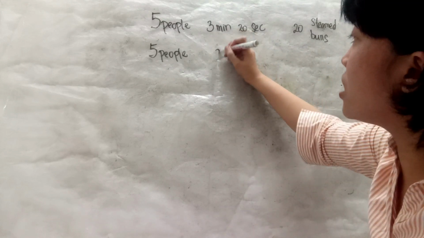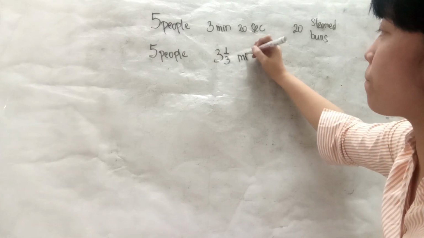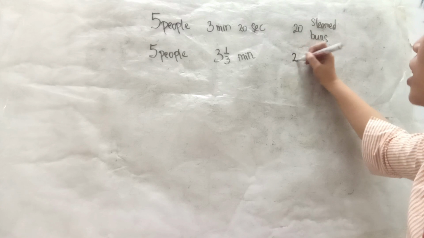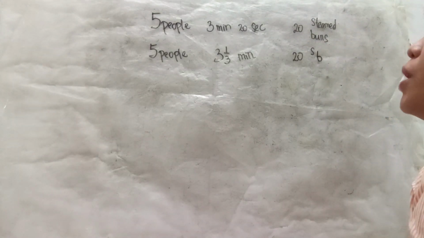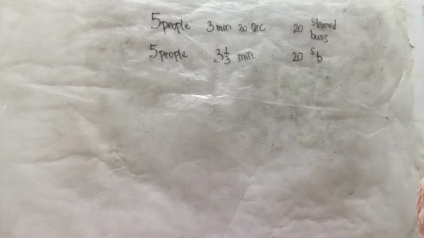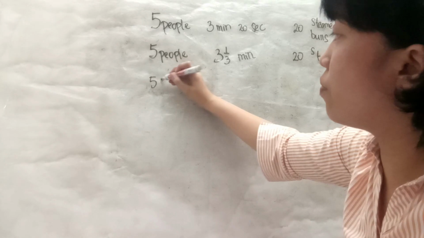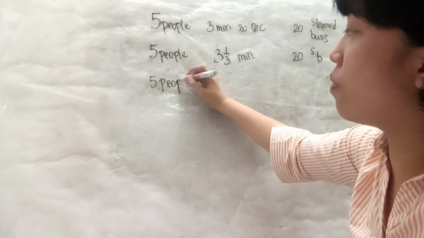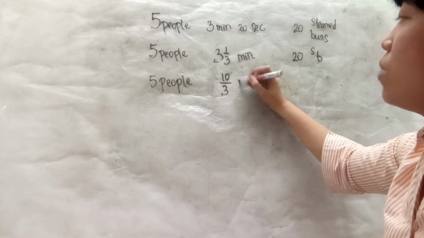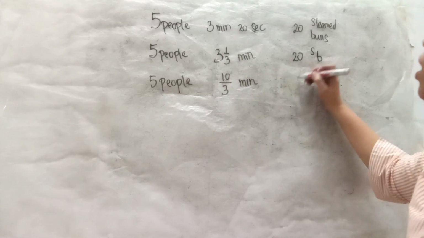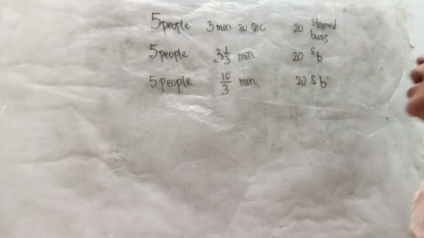So this is 3 and 1 over 3 minutes for 20 steam buns, which is the same as 10 over 3 minutes for 20 steam buns.